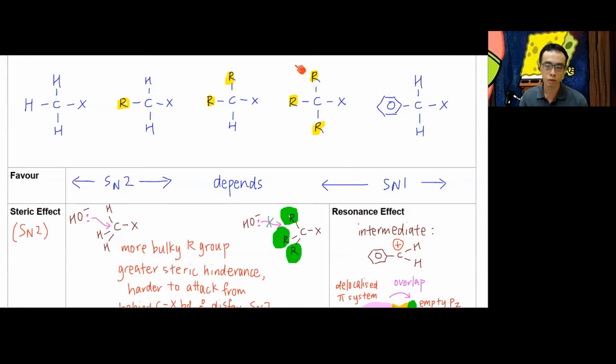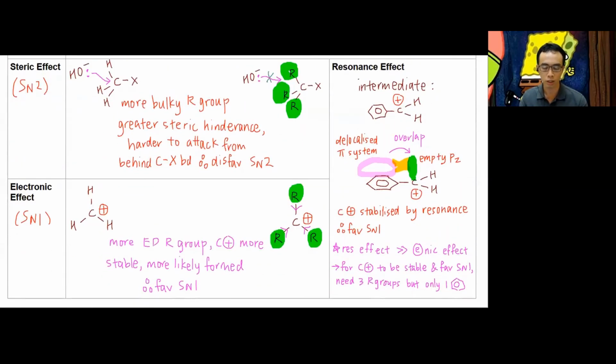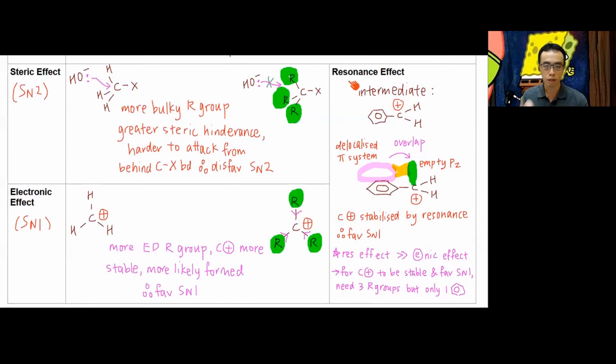Only when you have a tertiary halide, when your halogenoalkane is attached to 3 R groups, then the carbocation ion is stable enough for it to favor SN1 mechanism. And if I compare this with benzene, I only need one benzene to stabilize the carbocation ion in order for it to favor SN1. So we want to have this appreciation.